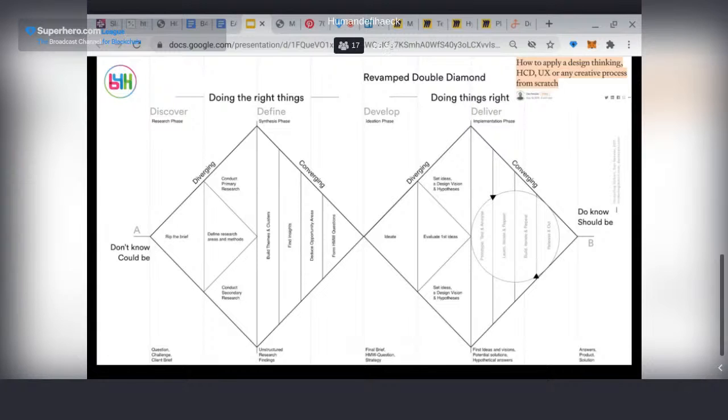While the second diamond, which we see here called doing things right, is more focused on how we are going to solve that problem, and doing it in the best way possible. We're going to walk through this, and I'm going to share different methodologies that you can apply while you are hacking during this hackathon.